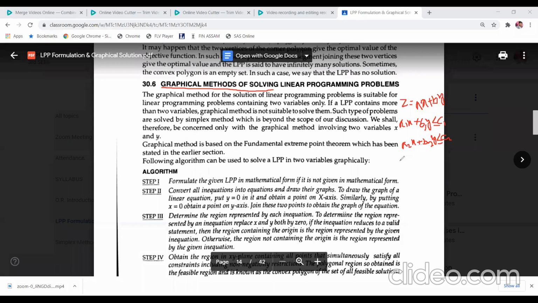And then there is a non-negative restriction on the variables, that is, x and y should be greater than or equal to 0, that is, positive.